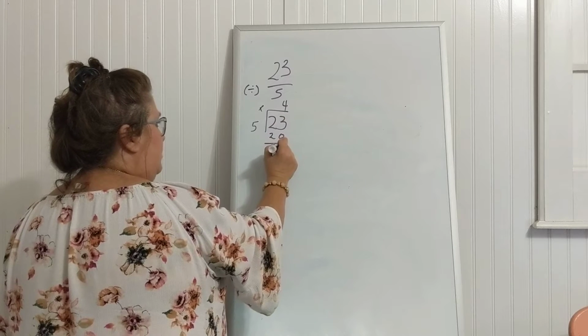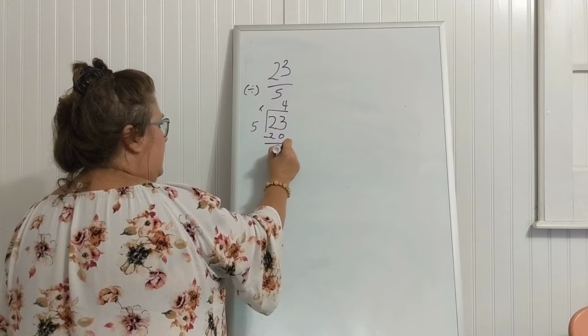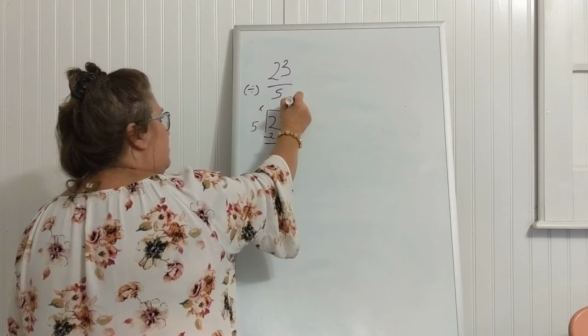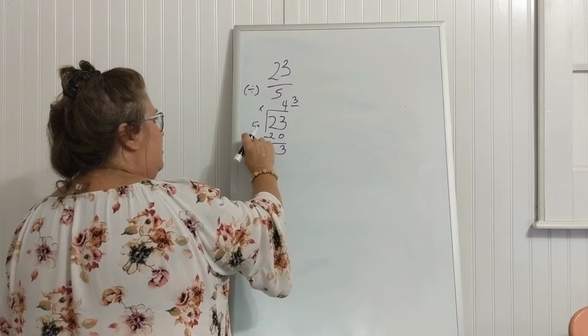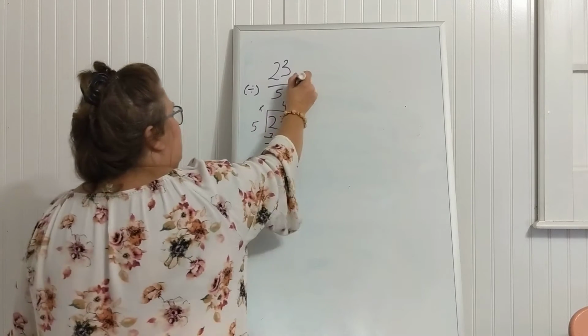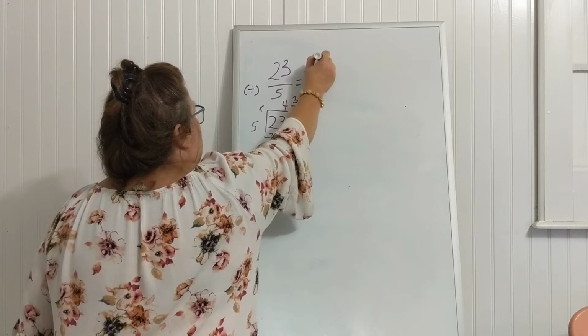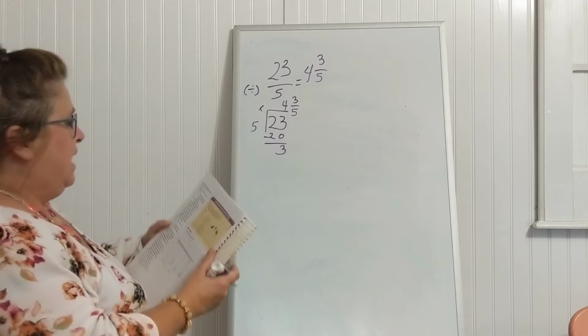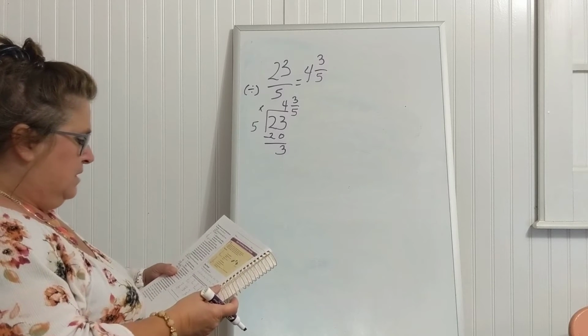We subtract 23 minus 20 is 3. And we write our remainder as a fraction. So 3 is our numerator, our divisor is our denominator. So 23 fifths equals 4 and 3 fifths. We turned our improper fraction into a mixed number.